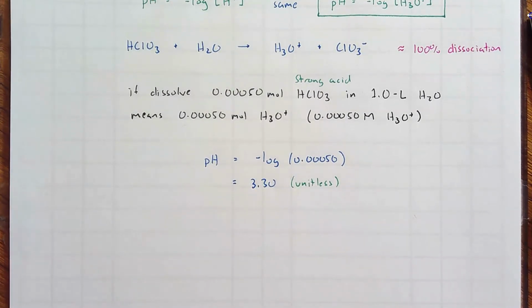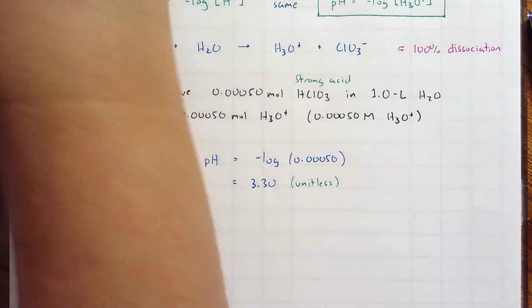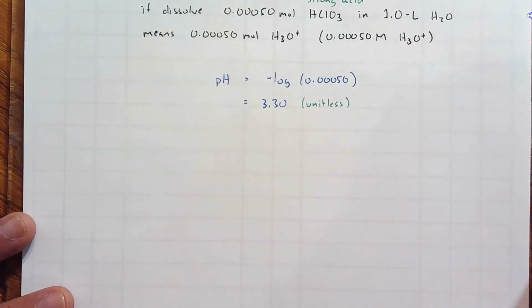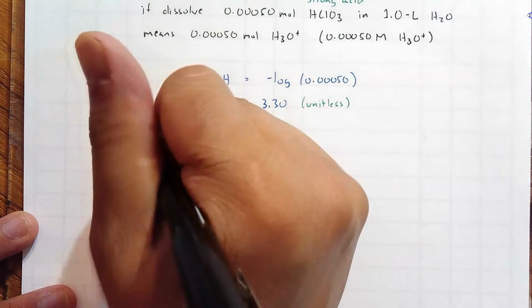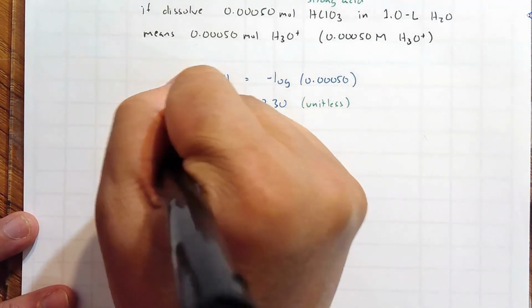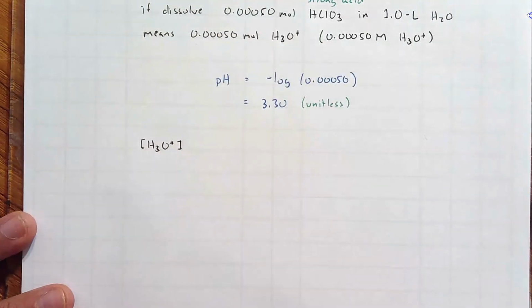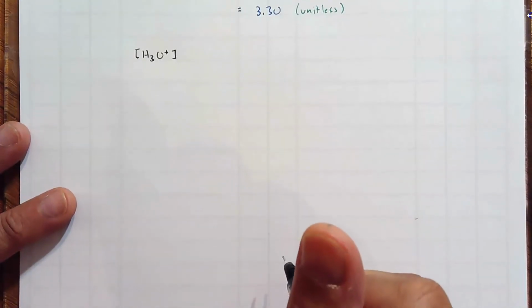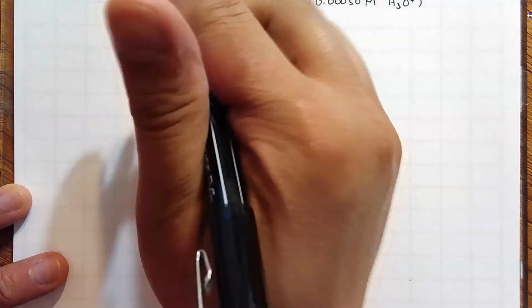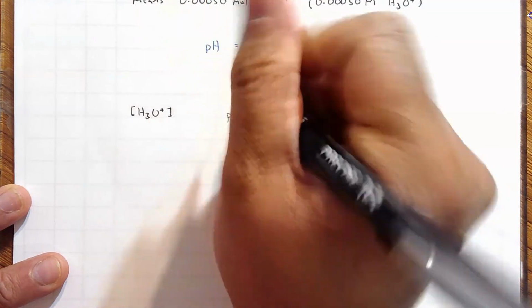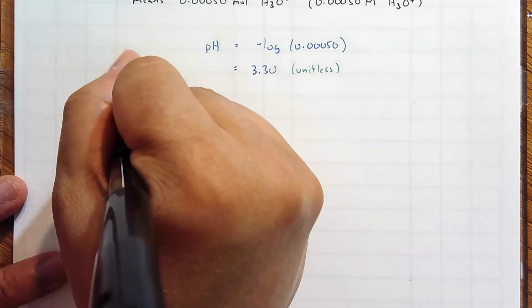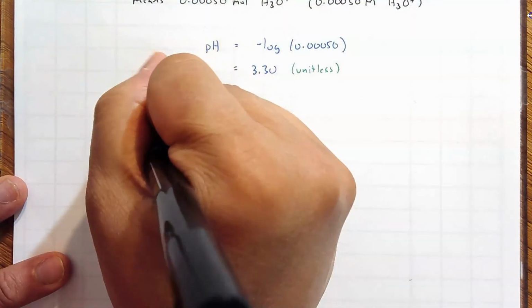Let's take a look at a couple examples. Actually, we have 5 of them, just for practice. We have the concentration of H3O+ and we have pH. So go ahead and calculate the pH for these concentrations.